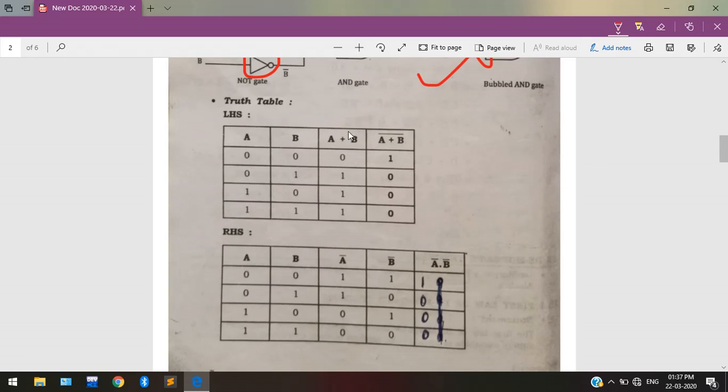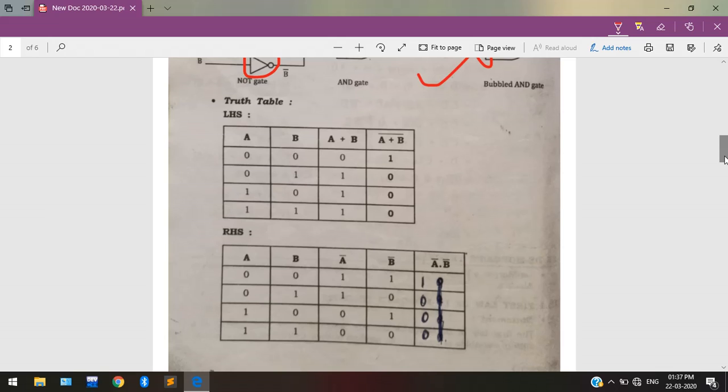First of all, we give inputs a and b, since there are two variables, then a plus b, and then (a plus b) bar. For the LHS, a is 0, b is 0, then a plus b, using simple binary addition, is 0. But what about (a plus b) bar?